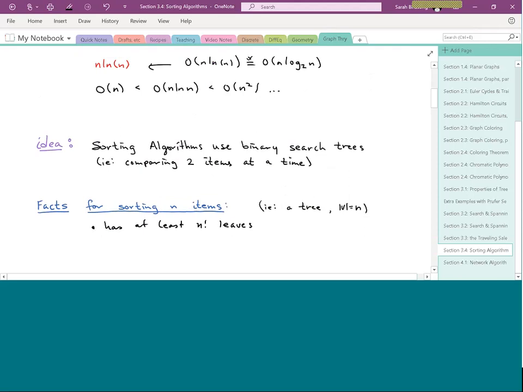And the other thing that happens is the height of this binary tree is going to be greater than, technically speaking, the ceiling of log base 2 of n factorial. Nobody actually wants to compute that. Well, okay, some people did.